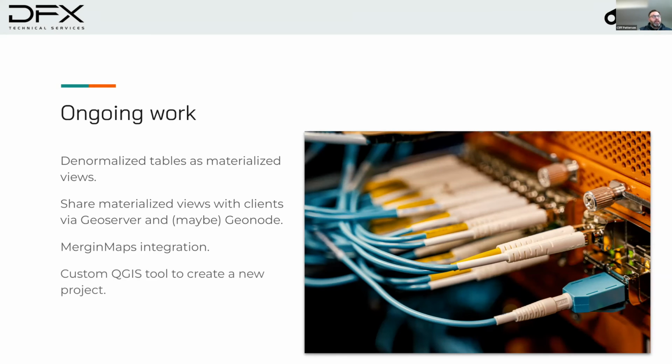And lastly, that big long script that I wrote to create a new project, we're just going to create a custom tool in QGIS where you're going to be able to say, you know what, the CRS is 26917. The name of the project is this, and go. And it's just going to create the entire new project for the user, and everyone will be happy.